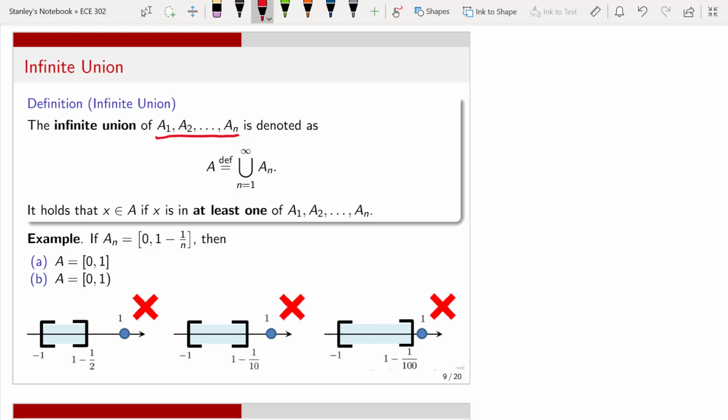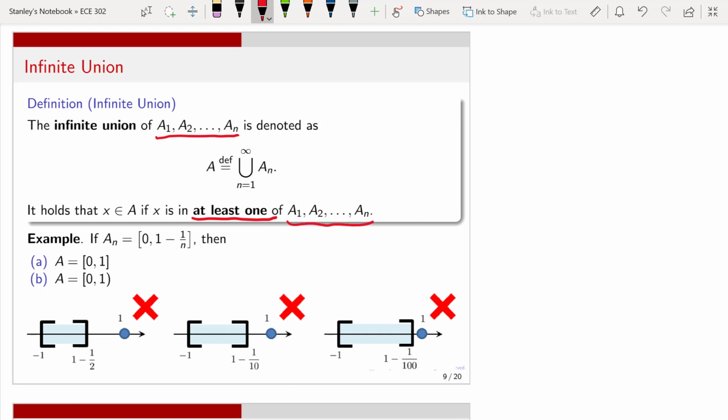You take this infinite union of sets and then you define a limiting object as A. So this infinite union is the set A such that for any x that is in A, it has to be inside at least one of those A1 through AN.